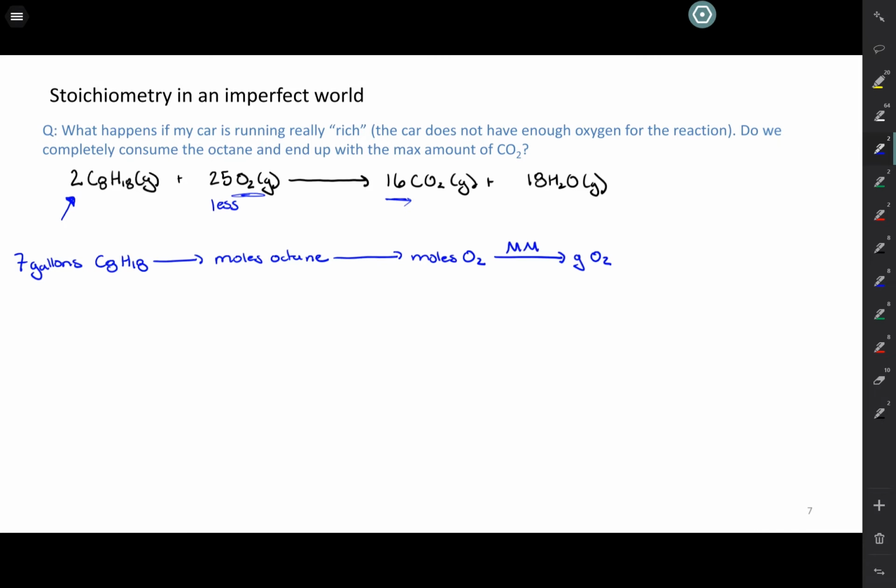Okay. So let's set up this dimensional analysis. 7 gallons C8H18, to get to moles. We want to go 1 gallon is 2620 grams.